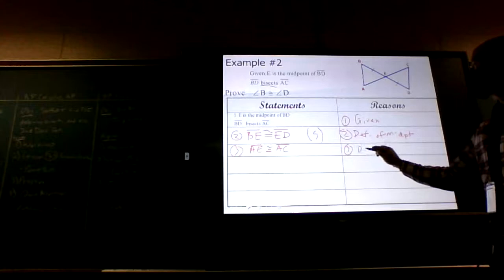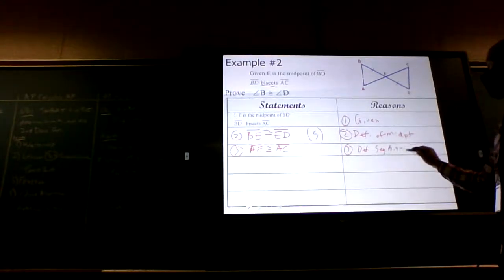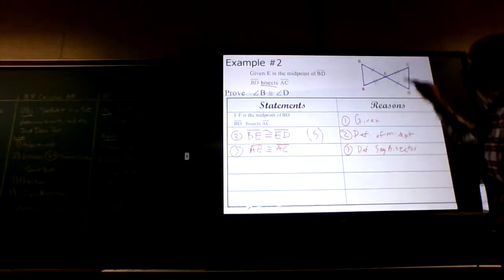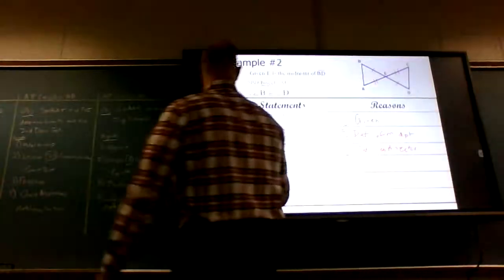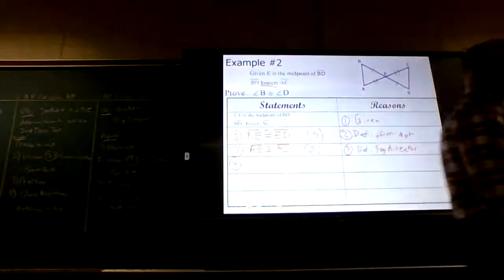I'm going to put definition of segment bisector. Guys, if it bisects a segment, it passes through the midpoint, and if it passes through the midpoint, we know that those two things are going to be congruent. So when I say something bisects an angle or something bisects a segment, I'm saying that those two things are going to be congruent. So this is congruent to this. Okay, good. Oh, by the way, we got another side congruent to another side.